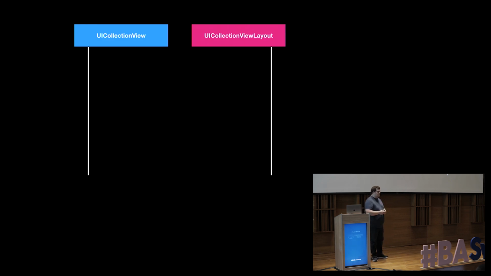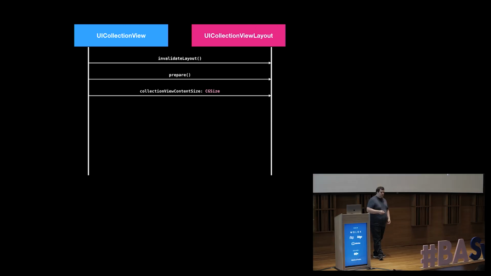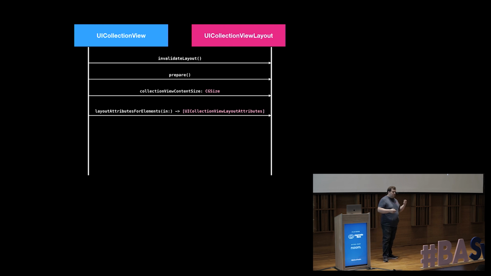So let's see how the collection view and the layout interact all the time. First, the collection view will call invalidateLayout on our layout object. Then it will call prepare. This method by default doesn't do anything, but we can start calculating things like content size, for example. Then the collection view will ask the layout object for the size, and then it will call for the attributes of all the elements in the visible rect.